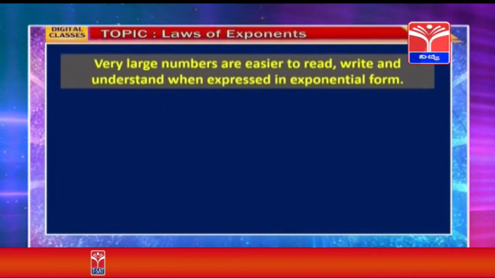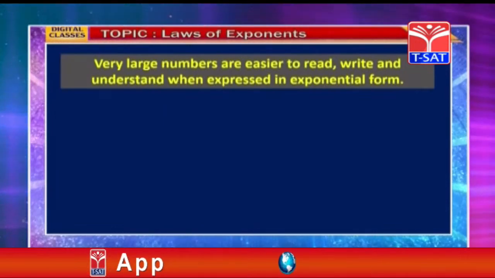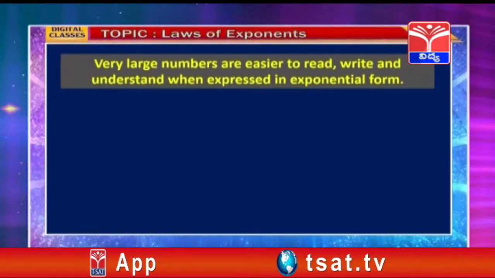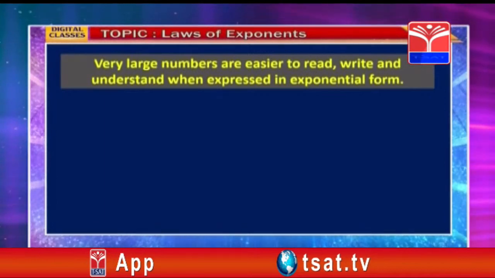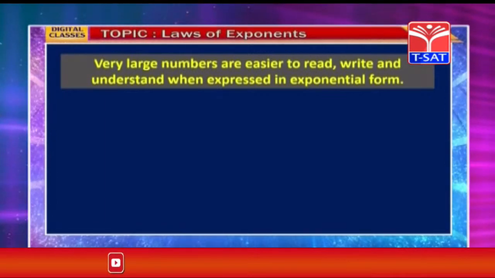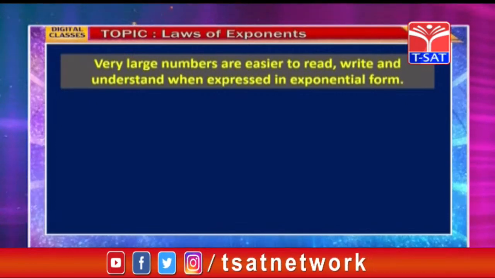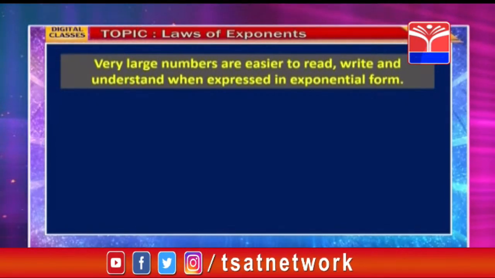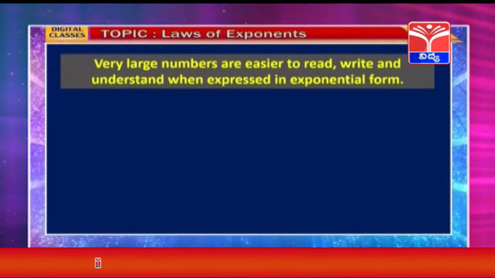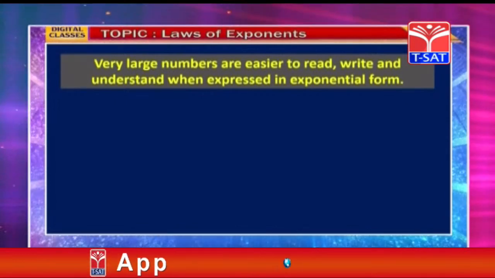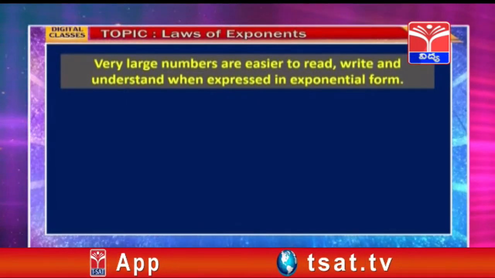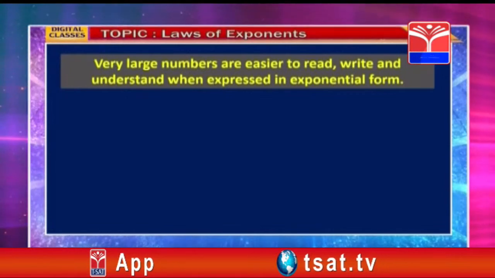See, these types of numbers are very lengthy and take more time to write, isn't it? Therefore, is there any way to compress these numbers? Very large numbers are easier to read, write and understand when they are expressed in exponential form.